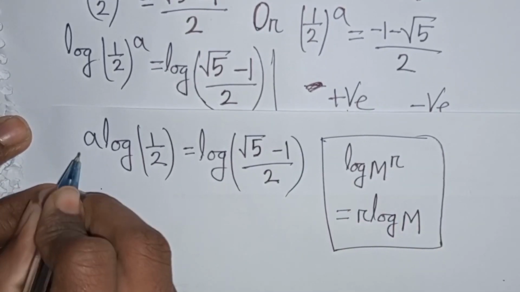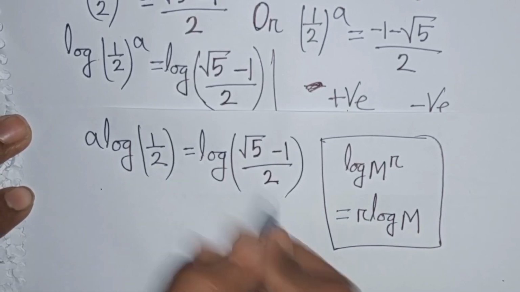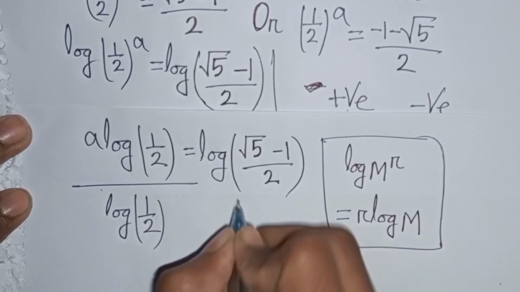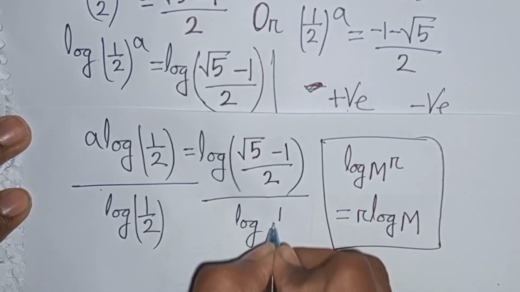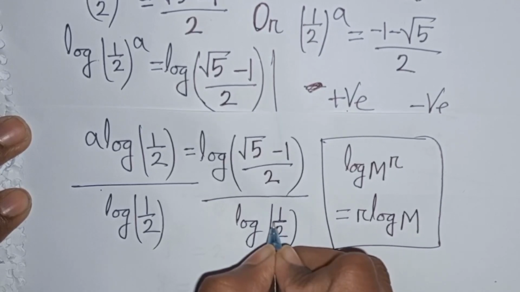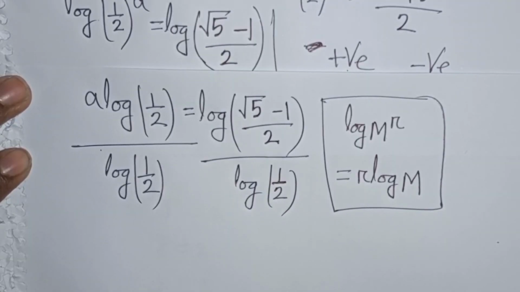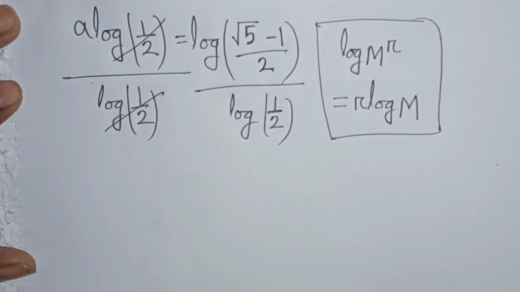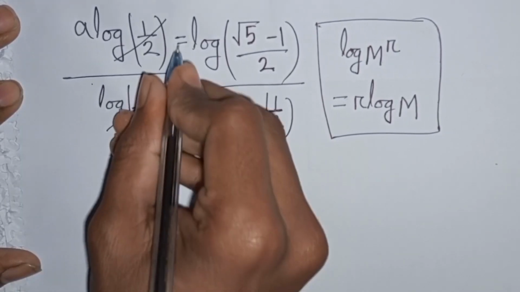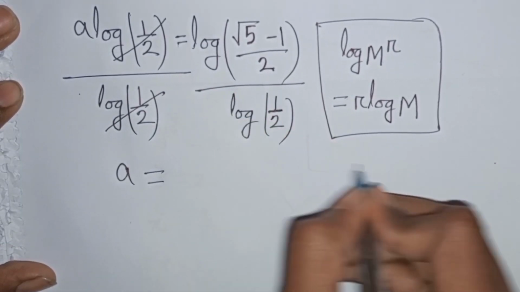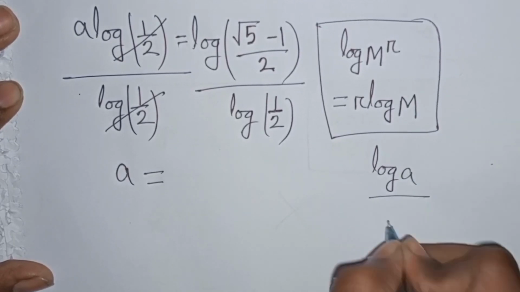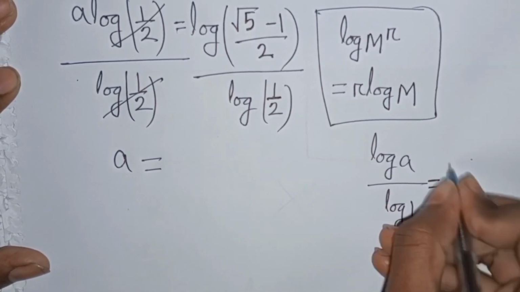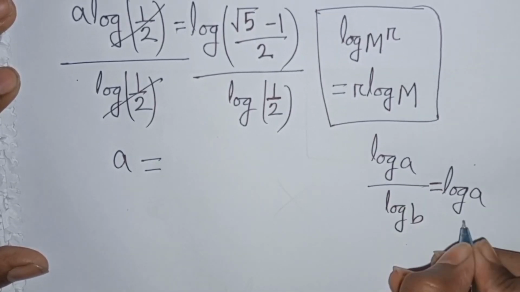Now we need the value of a, so we divide by log of 1 by 2 on both sides. Now this log of 1 by 2, this log of 1 by 2 will be cancelled. So here a will be equal to, here I can apply this formula: log a divided by log b is equal to log a base b.